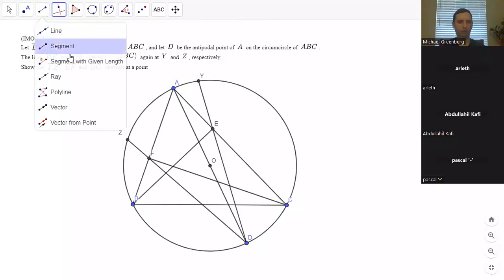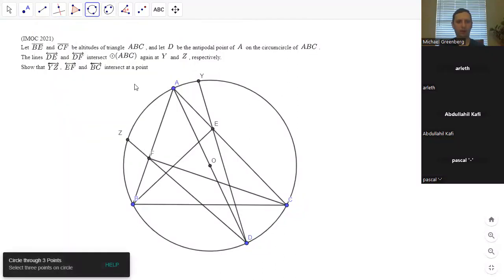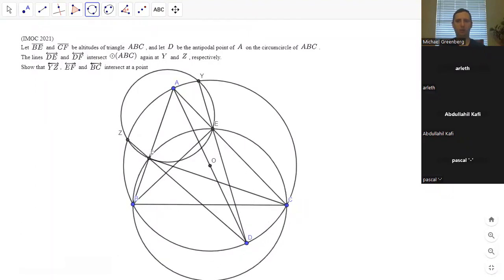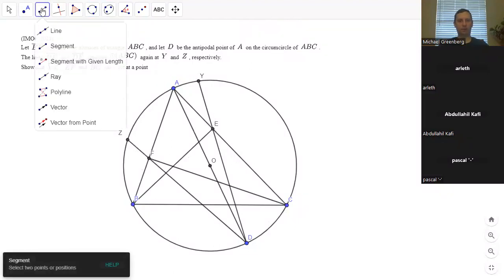How do we want to do this? It looks kind of like the radical axis theorem. In fact, it's equivalent to showing that YZEF is cyclic, because then we could use the radical axis theorem on these 3, and that would prove it. So how do we show YZEF is cyclic?